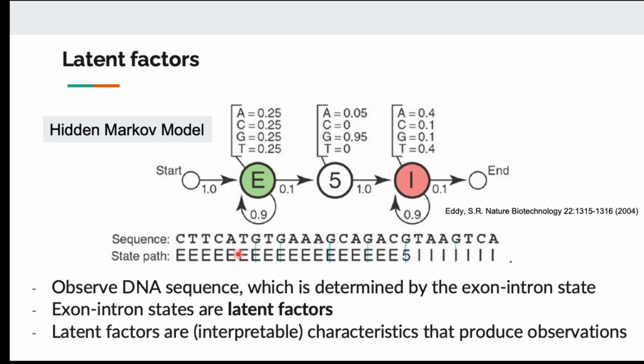But the useful thing about a latent factor is that if you can assume that you know the latent factor, you can generate the observation. So if you know that these are exon, 5' and then intron, you can generate a gene sequence because you know the frequency of nucleotide for the exon position, for the 5' position, for the intron position.